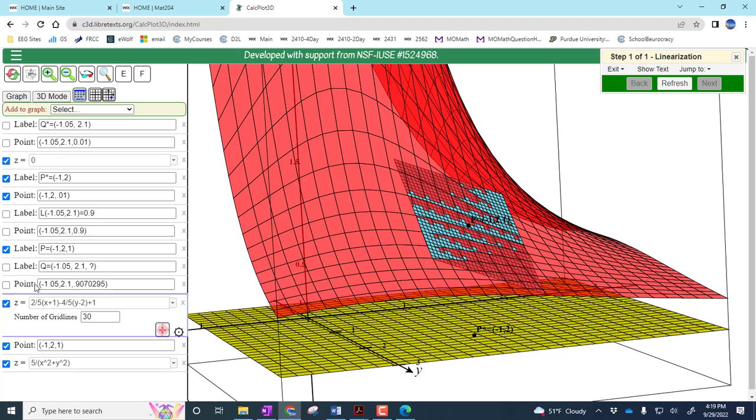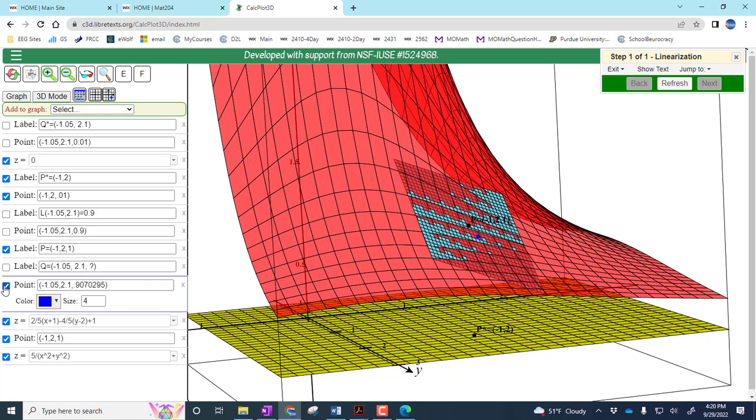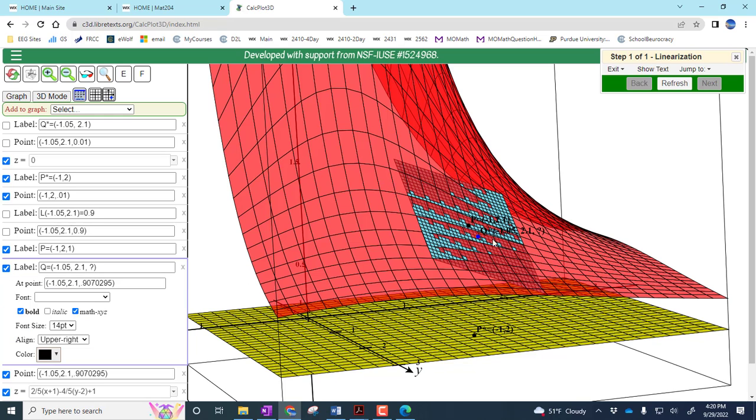So just to reiterate, what we're doing is we said, okay, we want to know what is the z-coordinate of this point right here. We don't know what its z-coordinate is. That's the point that's actually on our red surface. Sorry, let me go ahead and put that point in here. Q star, that's it, that's what we want.